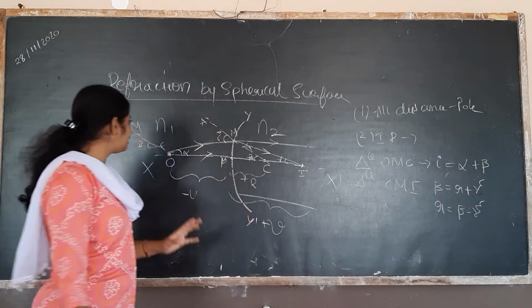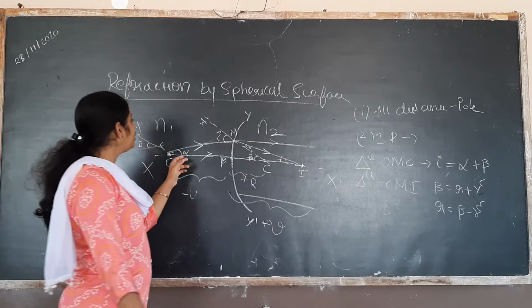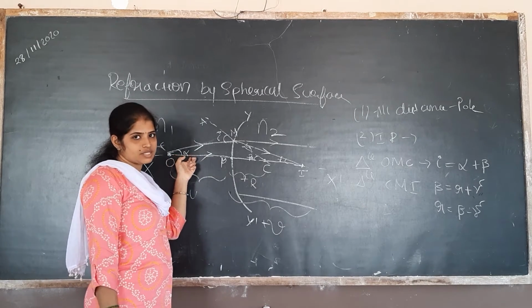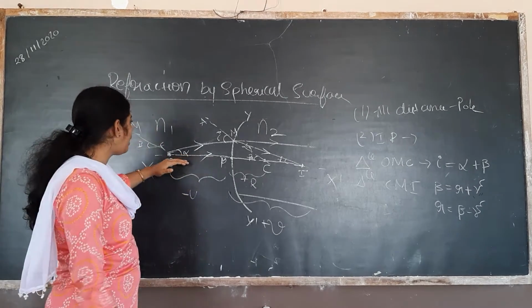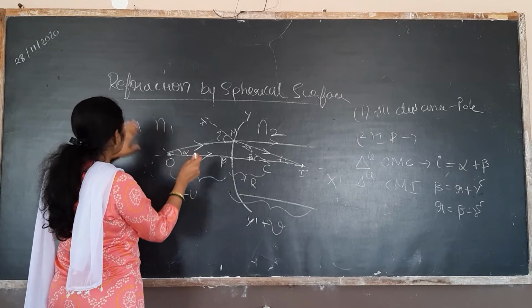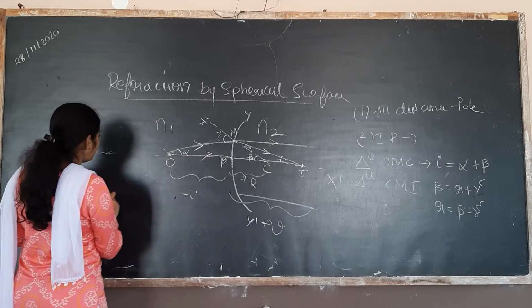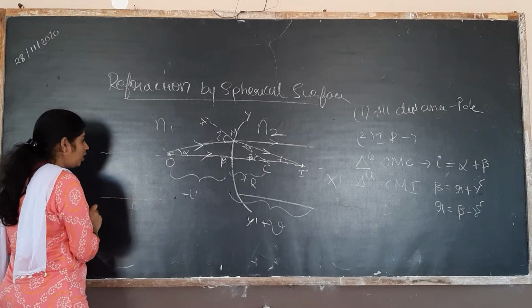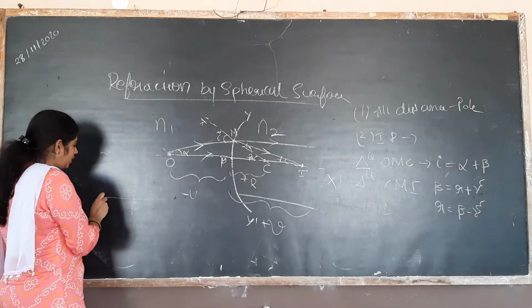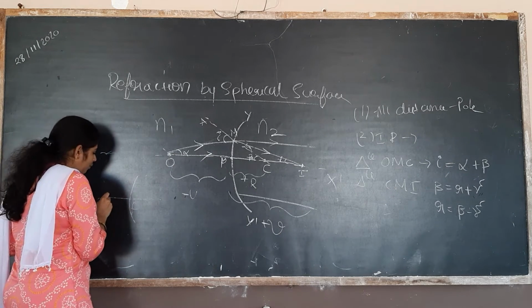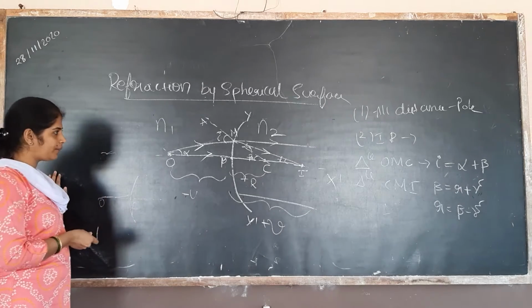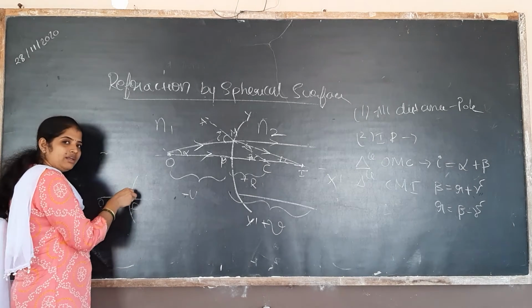Now just consider a condition: whenever you are considering paraxial rays, what happens? This is an enlarged ray. If you are considering paraxial rays, this is the pole, this is the object distance O, then the rays will be very much closer like this. So that time you will get the angle very much less.